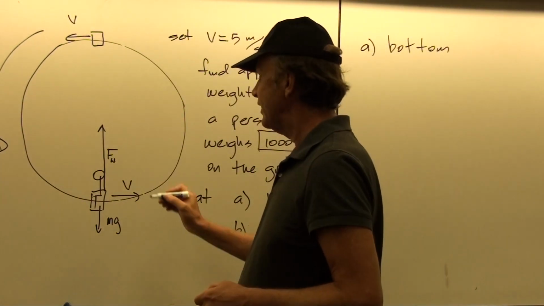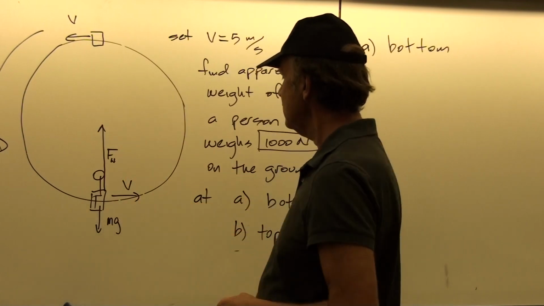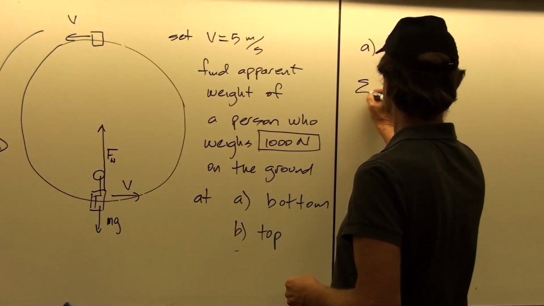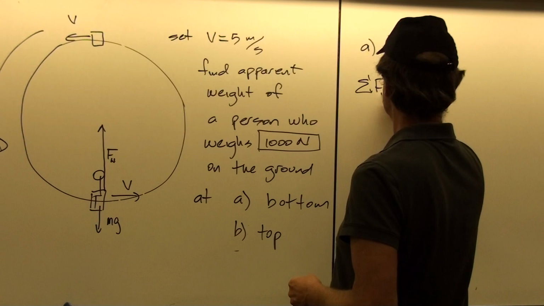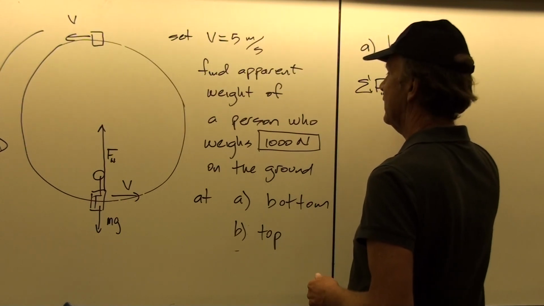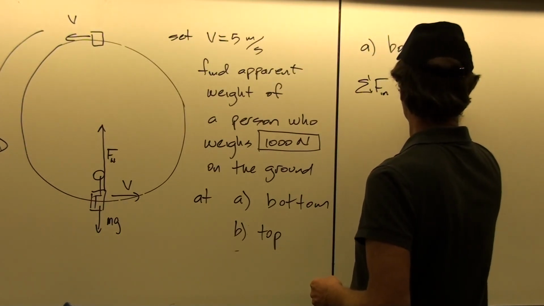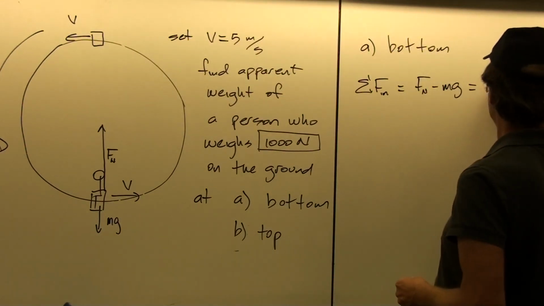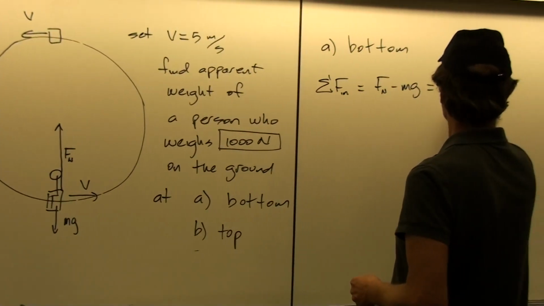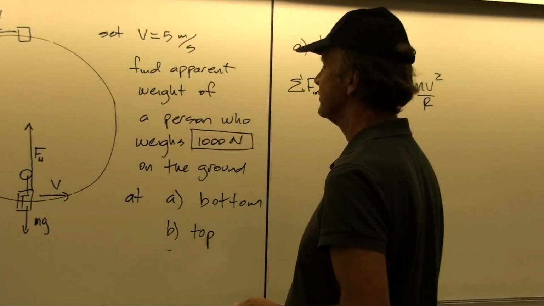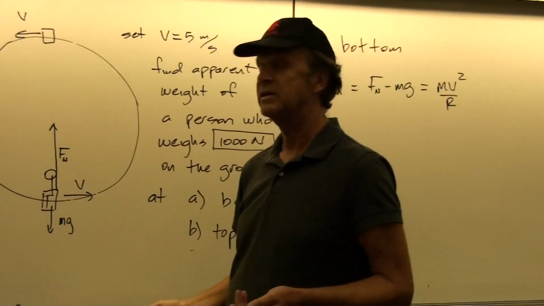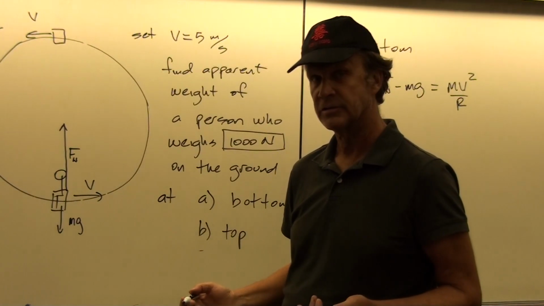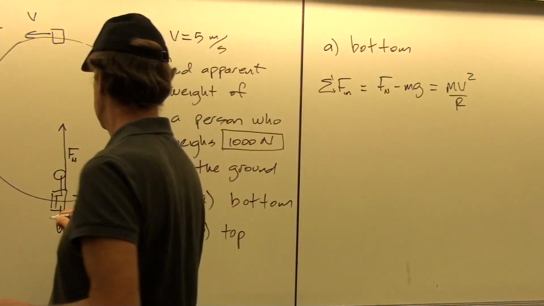And that normal force has to be bigger than mg, because the sum of the forces acting inward toward the center of spin is going to be F normal minus mg. That has to equal mv squared over r, because the sum of the forces toward the center of spin is equal to the centripetal force. That's what's making it go in a circle.